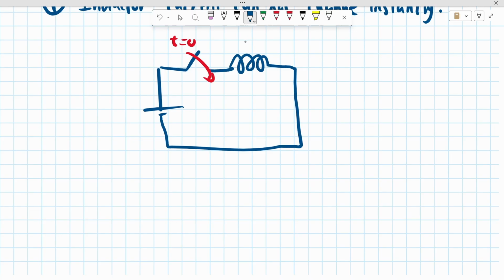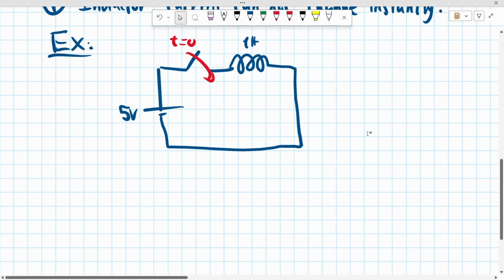Let's say this inductor has 1 Henry, and this voltage is 5 volts, for example. When this switch is closed, some current would flow, right? And some voltage would be across this inductor. The voltage is 5 volts, obviously.